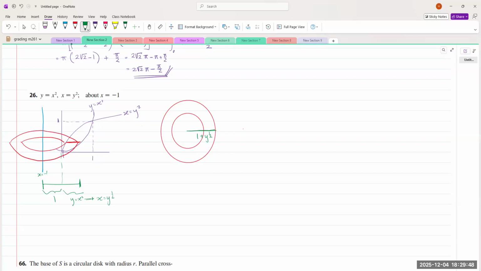Okay, the smaller radius is from here to here, this part. I hope you can see that, which is 1 plus y squared, right? So the smaller radius is 1 plus y squared.